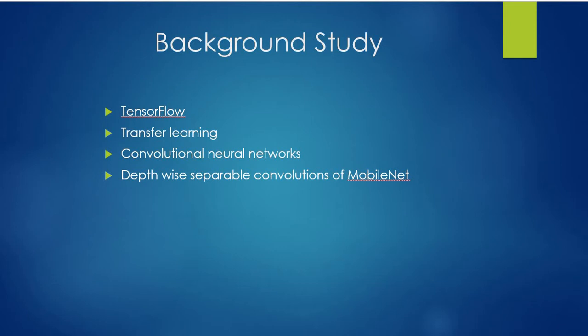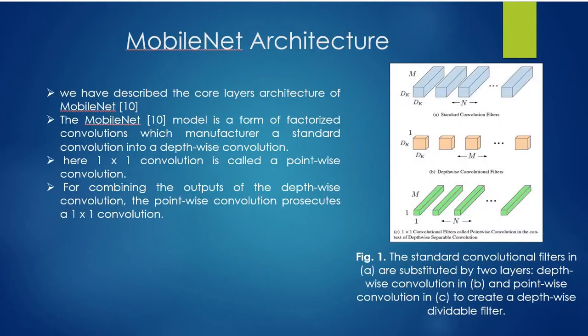In the background of our work, we have used TensorFlow, transfer learning, convolutional neural network, and depthwise separable convolution of MobileNet. This is the MobileNet architecture. I'll describe it. Here, the core layers are based on depthwise separable filters.